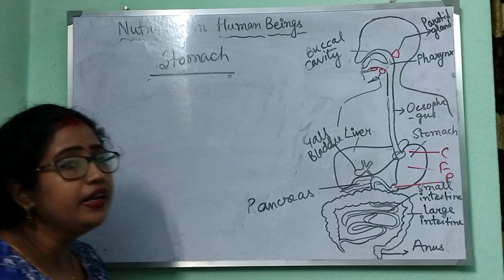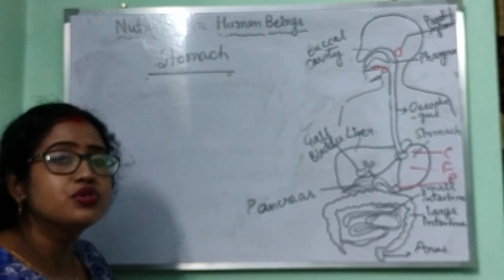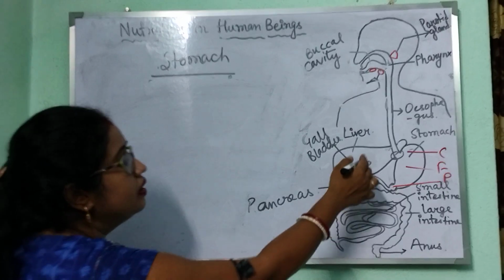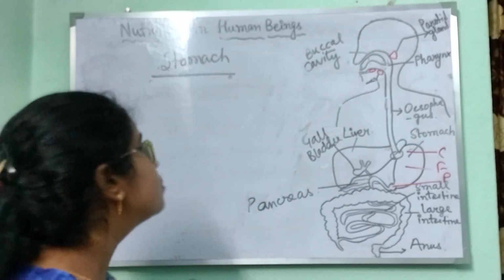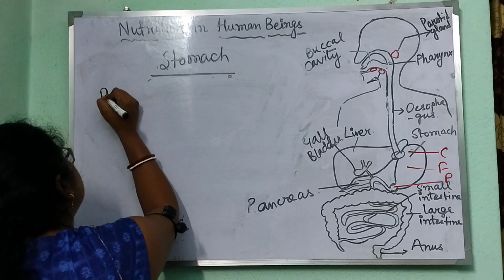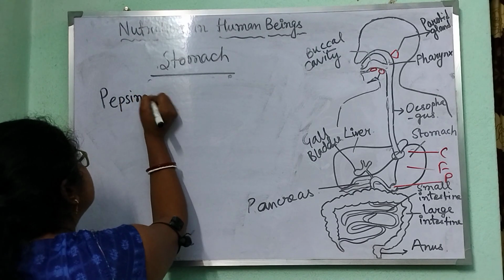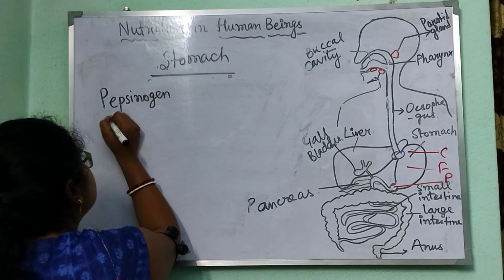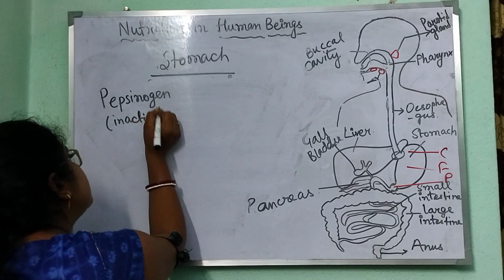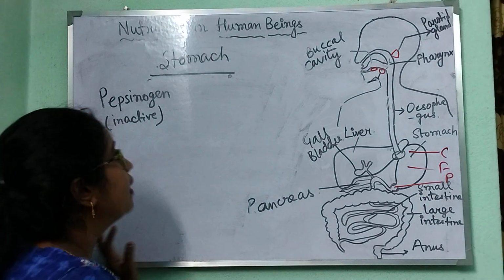Then the second action of HCl is it helps to activate the pepsin enzyme. In the inner lining of the stomach, pepsin actually resides in inactive form, that is pepsinogen. It is the inactive form of pepsin. The pepsin is the protein digesting enzyme.